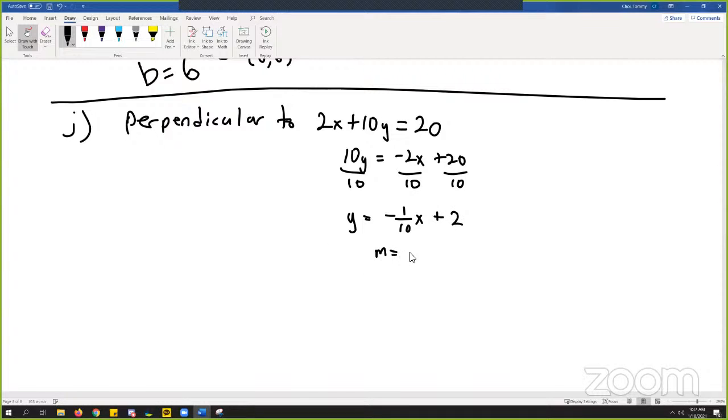So here, the slope is equal to negative 1 over 10. Therefore, the perpendicular slope should just be positive 10. We flip the fraction, or 10 over 1, which is just 10. Flip the fraction and smack a negative. It already has one, so it becomes positive. So now we have our slope.